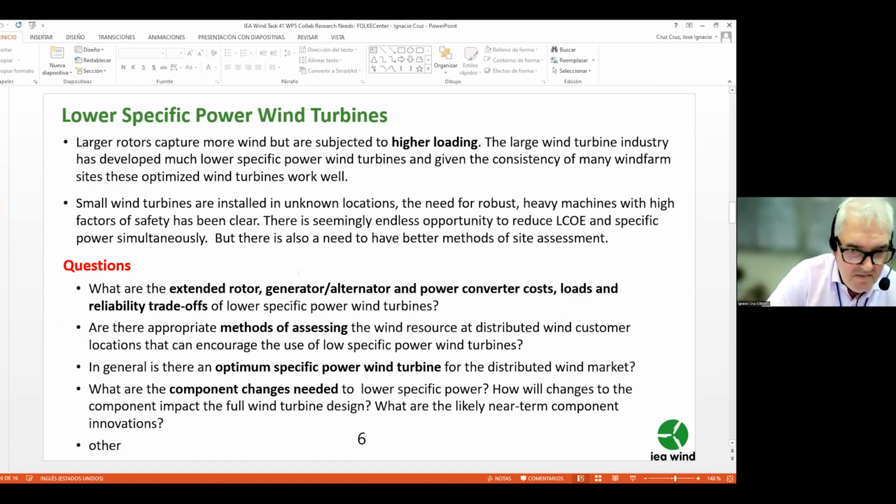For instance, embedding solutions to analyze the health and life of the wind turbine, and better solutions to assess the site resource.